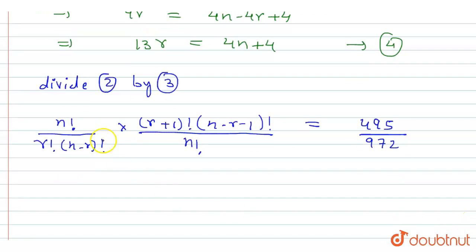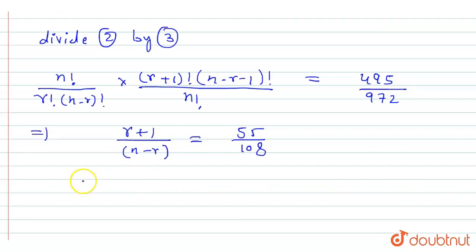On simplification n factorial is cancelled, (r+1) factorial can be written as r factorial into (r+1), and r factorial is cancelled, so the value will be (r+1) upon (n-r), which simplifies to 55 upon 108.